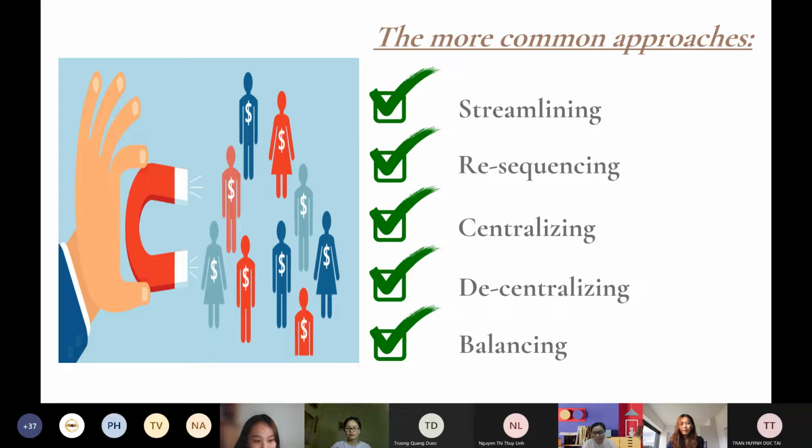The third is centralizing, that means bringing together common activities to achieve economies of scale. The next is decentralizing, that means the distribution of activities to improve responsiveness and flexibility. And the last one is balancing, that means the adjustment of throughput to capacity.